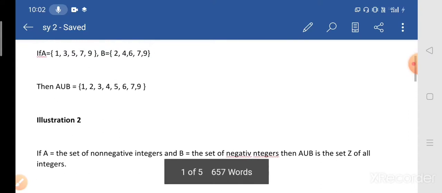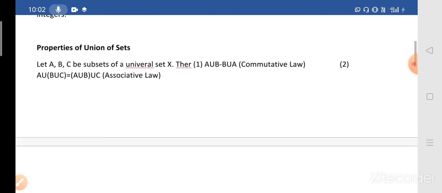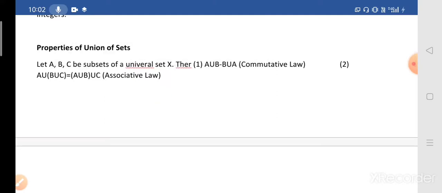Properties of union of sets. Let A, B, C be subsets of the universal set X. Then the simple properties are the commutative property and the associative property.